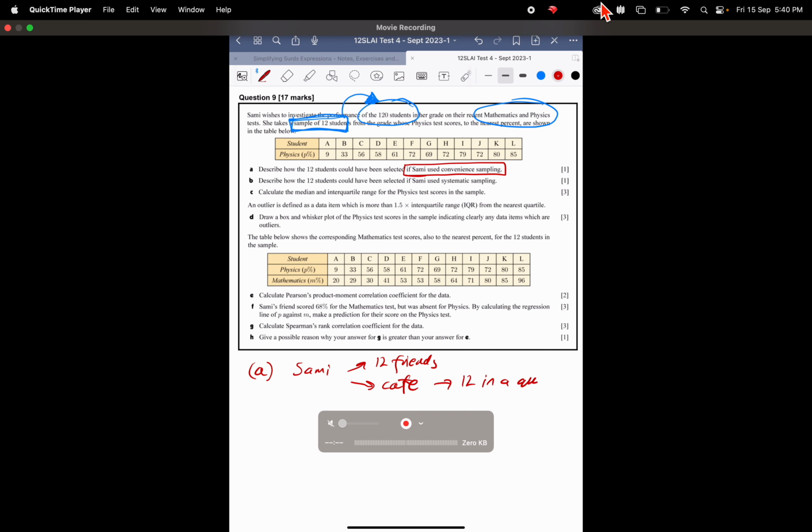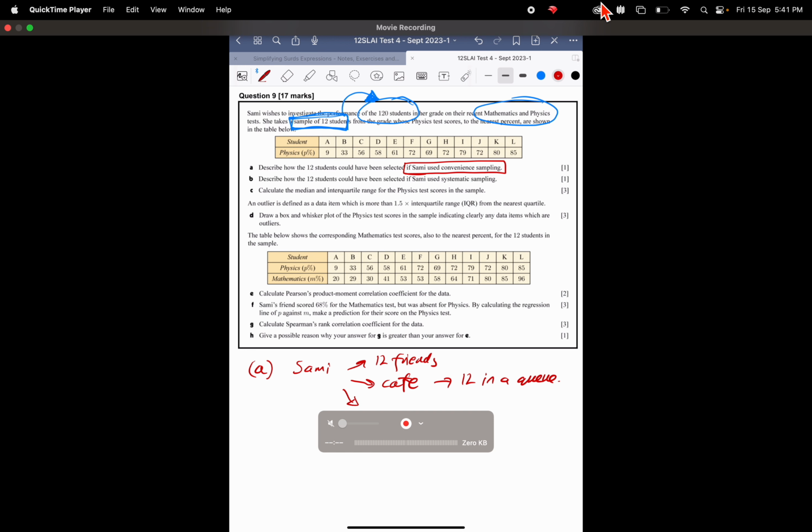It's just convenient, however you can get those 12 people, or literally just stood outside and asked the first 12 people that walked past. These are all examples of a convenience sample, right?